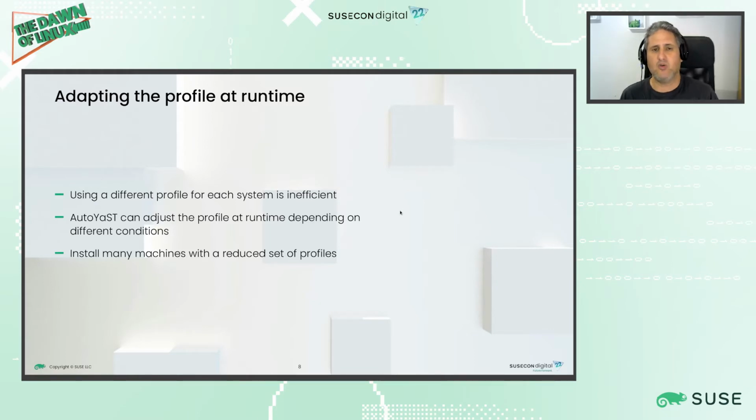But in some cases, you would like to adjust the configuration depending on, for instance, the hardware where the system is running, or the network where it's being installed, etc. So with dynamic profiles, you can install many machines that are slightly different or very different with just a reduced set of profiles.